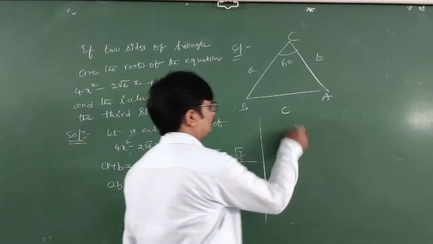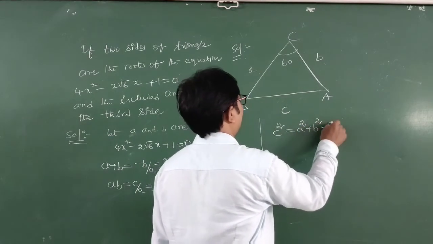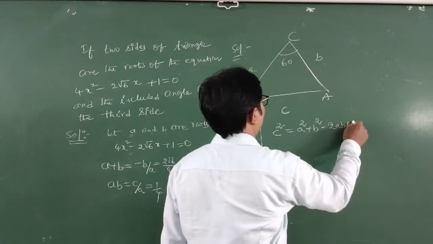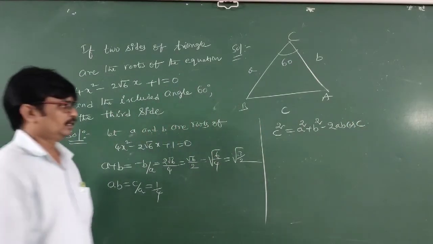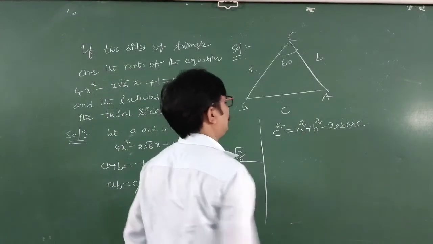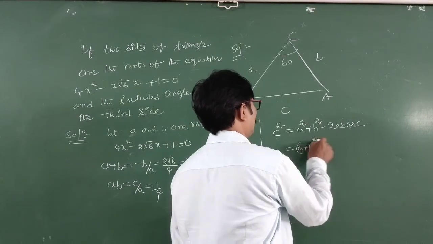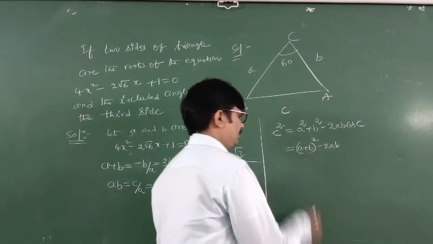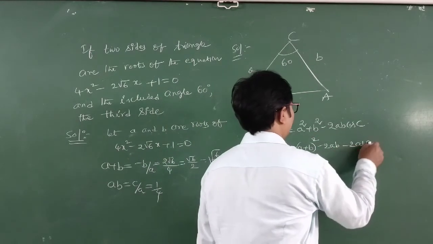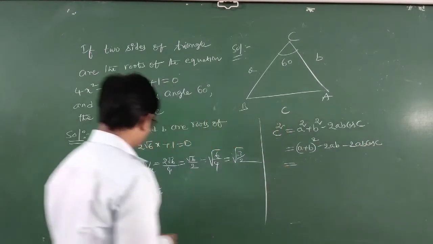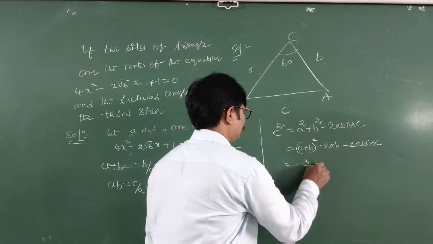From the cosine rule, c square equal to a square plus b square minus 2ab into cos C. We can write this as a plus b whole square minus 2ab, since a square plus b square plus 2ab minus 2ab cancel, and then minus 2ab cos C. Dear students, a plus b whole square is nothing but 3 by 2.